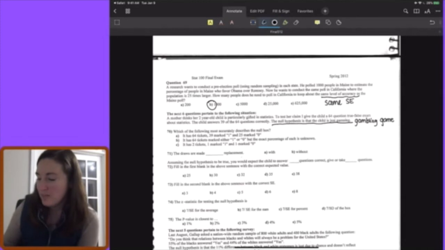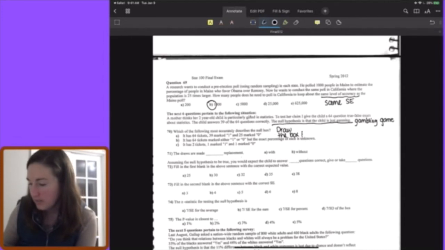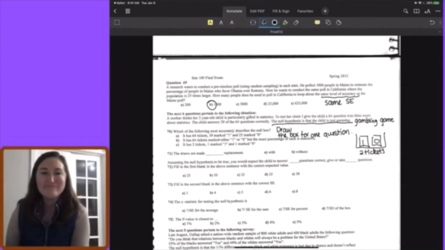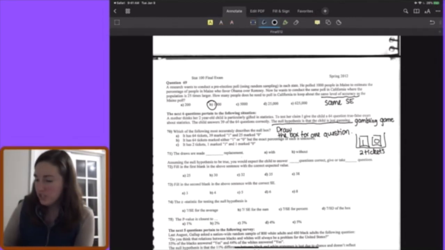That's what I want to draw the box for, one question. So one question, it's a true or false test. So there's only going to be 2 options, 2 tickets. And we're just counting, did she get it right? We'd count that as yes, 1, or did she get it wrong? 0. So this should be a C.